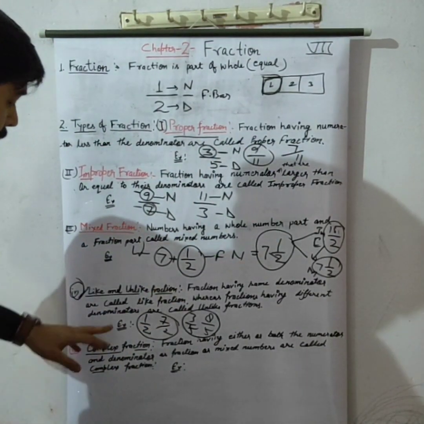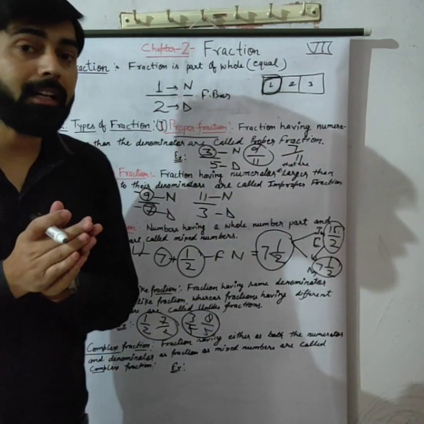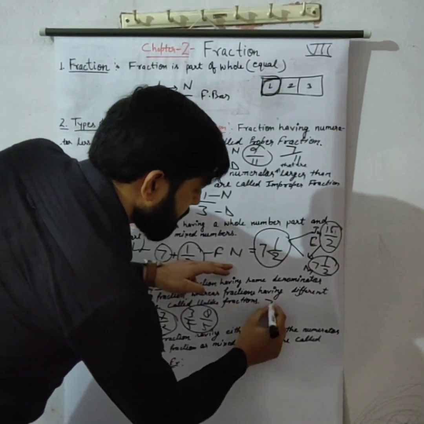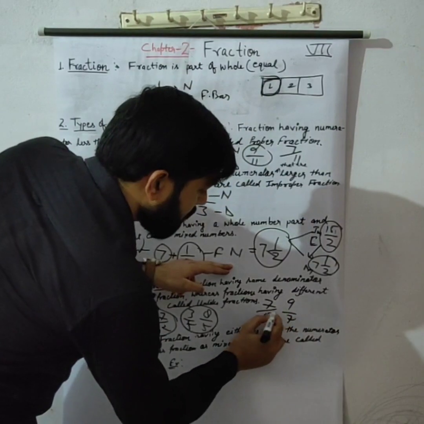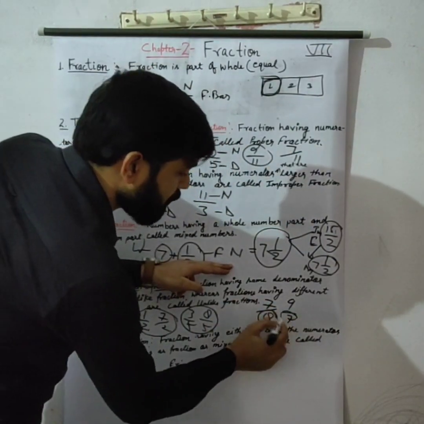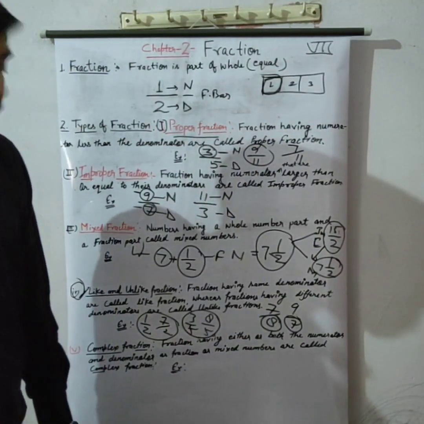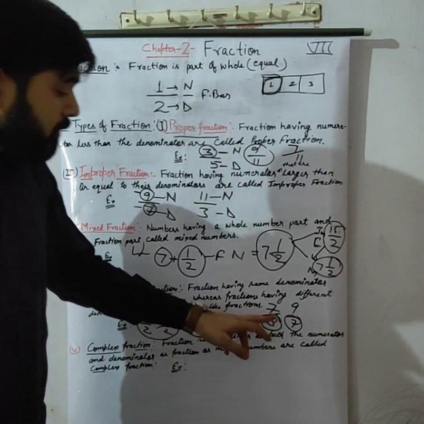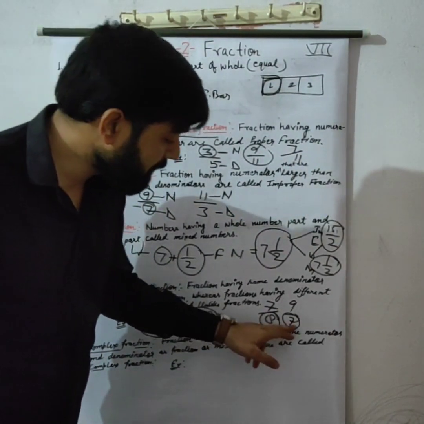Next is unlike fractions. Fractions whose denominators are different, like 7 upon 8 and 9 upon 7. Look here, both denominators are different, so these are unlike fractions.